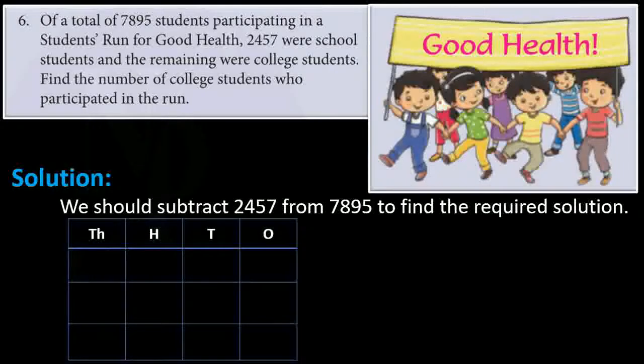As usual, we will write down the numbers in the place values grid or place values table. So here we should write 7,895, and in the second row I will write 2,457.